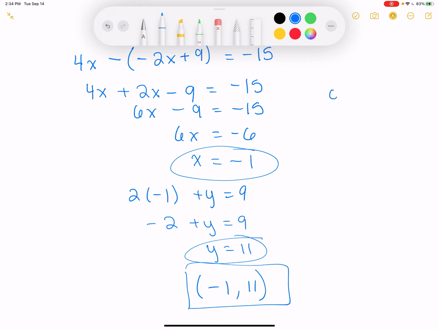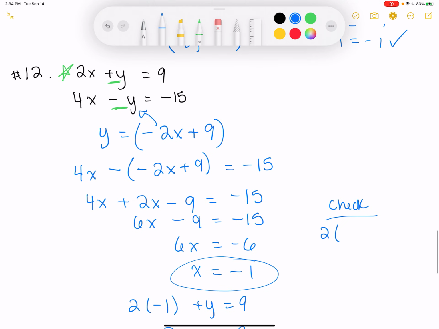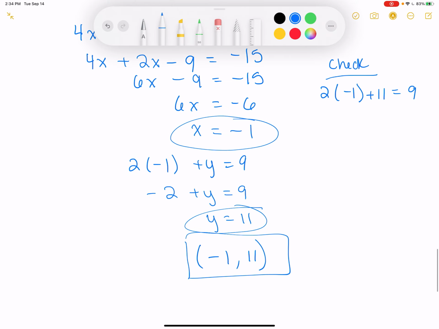Okay, and I'm going to check it. So 2 times negative 1 plus 11 is equal to 9. So negative 2 plus 11 equals 9. 9 equals 9, so that one works.